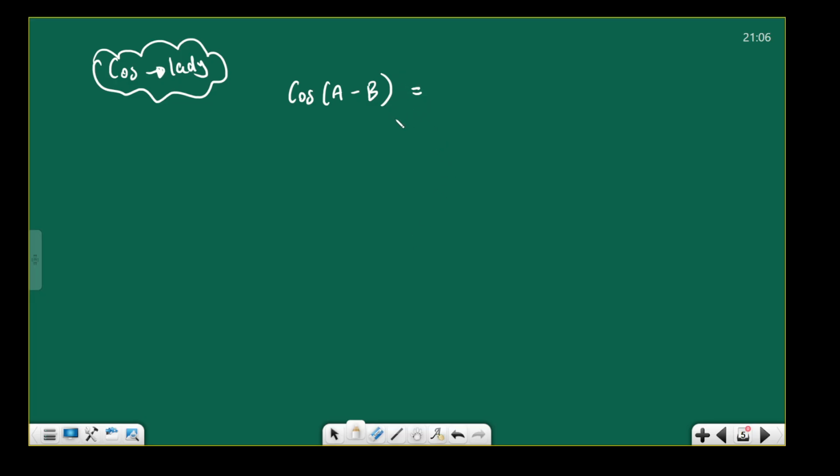So what is the formula for cos A minus B? How do you expand cos A minus B? It's quite simple if you remember that cos is a lady. You would simply say cos A, because if you go to schools, parks, or public places, ladies like to group themselves.